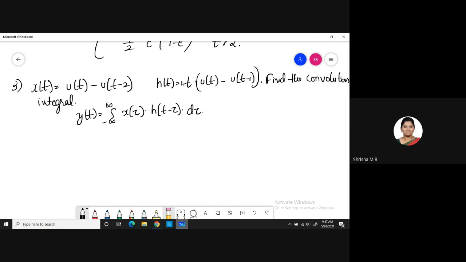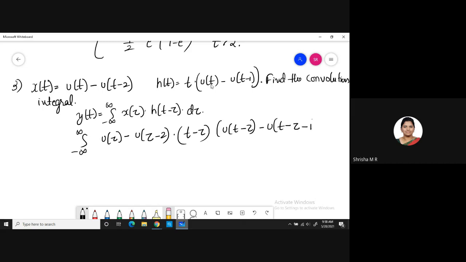And in the h of t term, replace it with t minus tau. So y of t is the integral from minus infinity to infinity of u of tau minus u of tau minus 2, into t minus tau into u of t minus tau minus u of t minus tau minus 1, into d tau. So this is the equation we get.